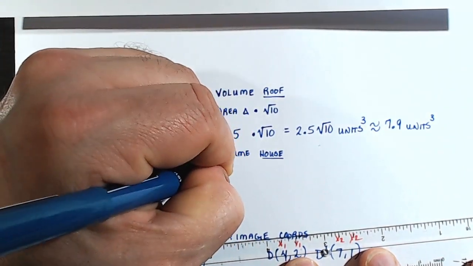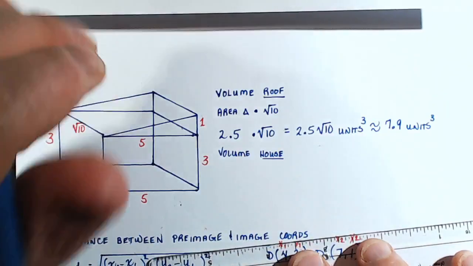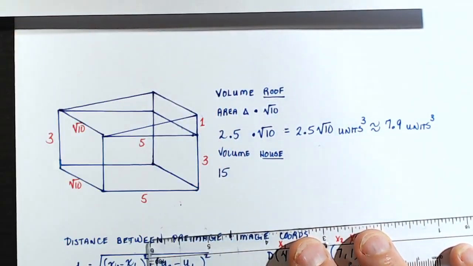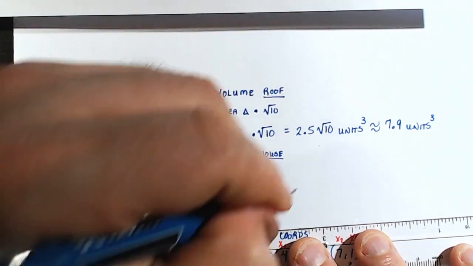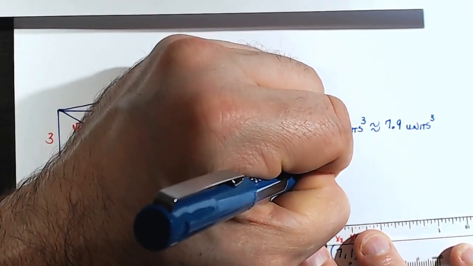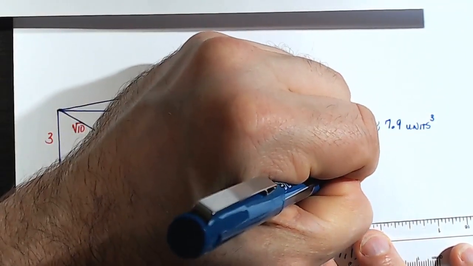So we've already got the area of that rectangle. It's 15 units. So I've got 15 times square root 10. That's equal to 15 square root 10 units cubed.